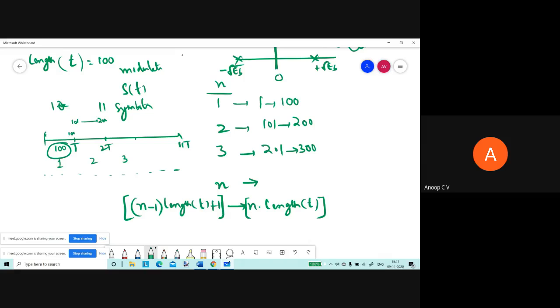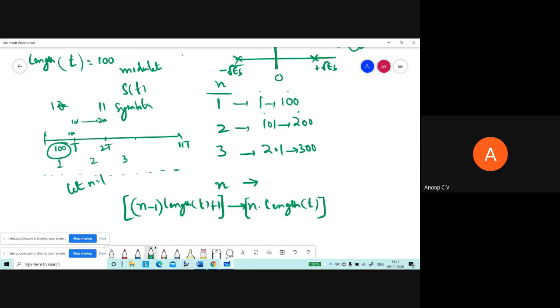So we have to consider the signal of duration 0 to t and multiply it with the signal of duration t to 2t. For that, I'm writing this. If the first symbol's samples are from 1 to 100 and the second is 101 to 200, then in general the samples of the nth symbol can be written as n minus 1 into length of t plus 1. Let n is equal to 1. If you substitute n equal to 1 here, 1 minus 1 is 0.